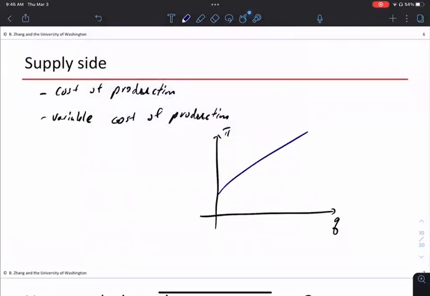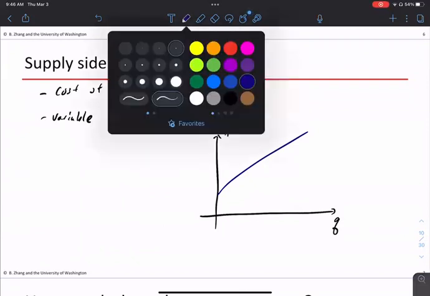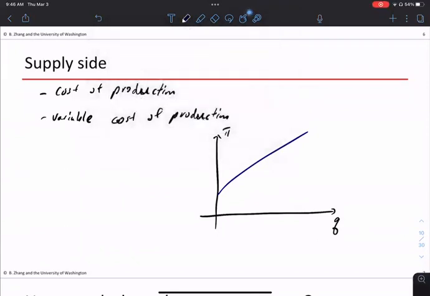So what this is saying is it takes you more money, it's more costly to produce more stuff. Okay, so it's incrementally more costly for you to produce more stuff, right? So this thing has to go up.